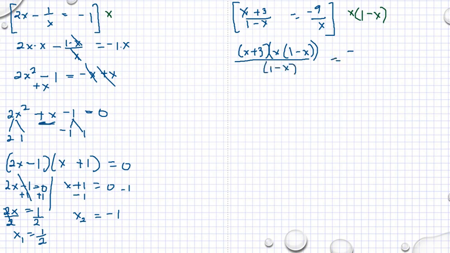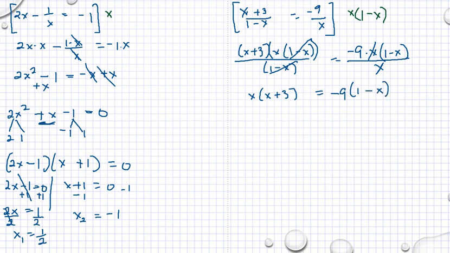And then we have negative 9 multiplied by x multiplied by 1 minus x divided by x. As you can see, this one is 1. Then we have x times x plus 3. And this one will become 1 also. Then we have 9 multiplied by 1 minus x.